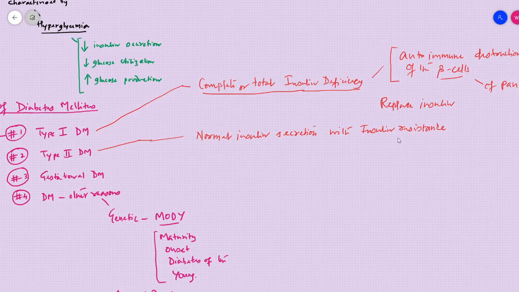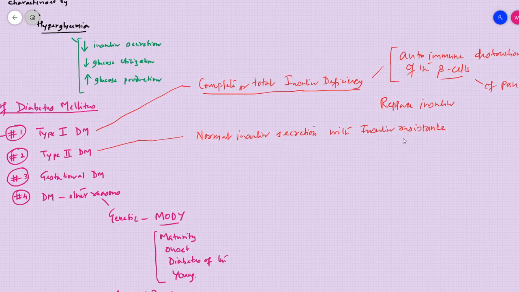As a result, the blood sugar rises. As far as beta cell function is concerned, the number of beta cells might be normal, but that needn't necessarily be true. There can be a reduced number of beta cells as well, and in such a case there would still be a reduction in the quanta of insulin that is secreted.